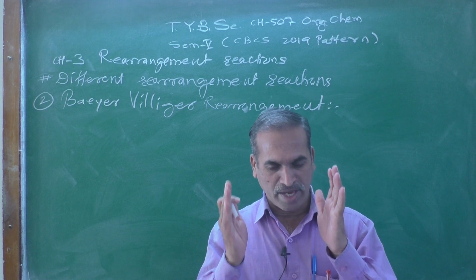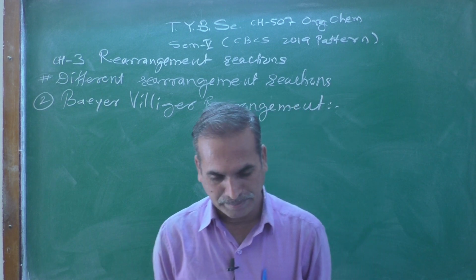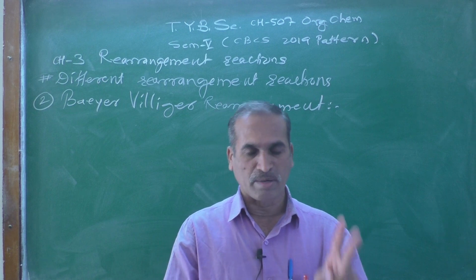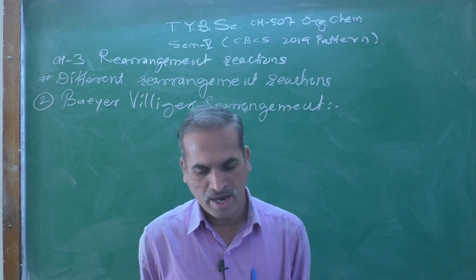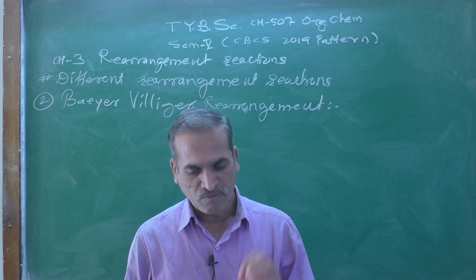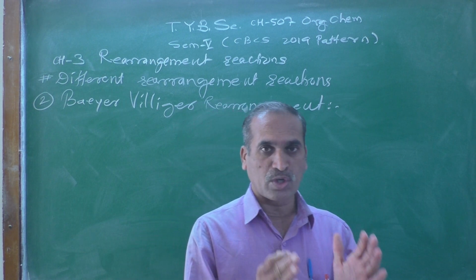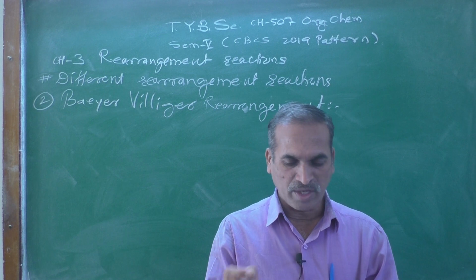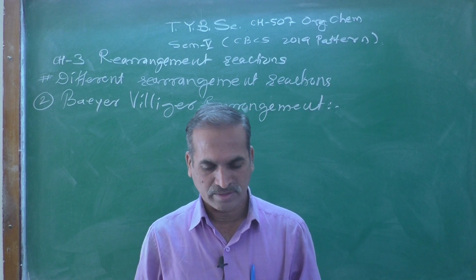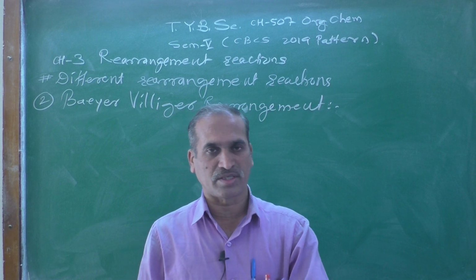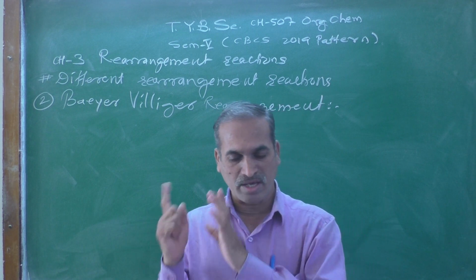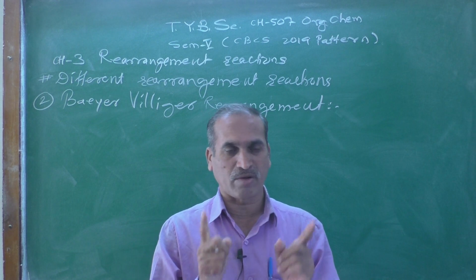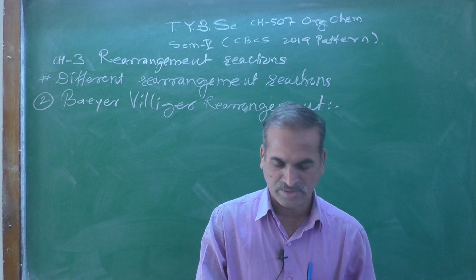So in 1899, two German chemists, A. Baeyer and V. Villiger, found that a ketone on treatment with peracid produces an ester, known as Baeyer-Villiger rearrangement or Baeyer-Villiger oxidation reaction.